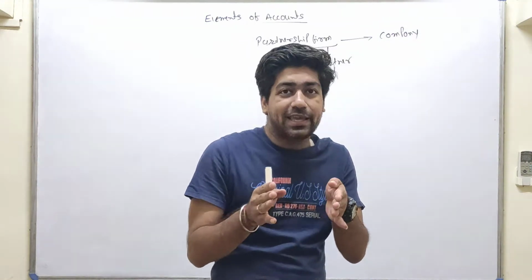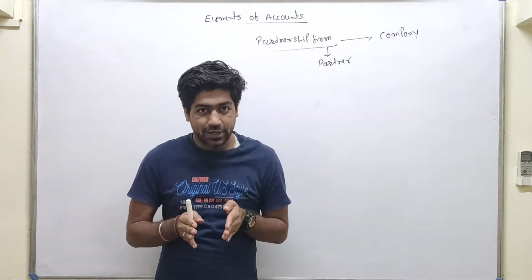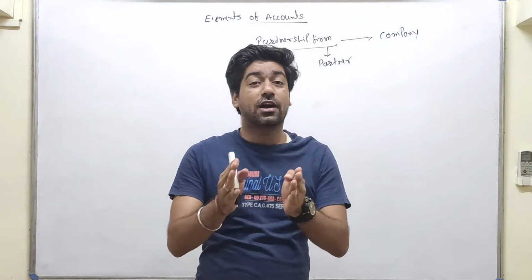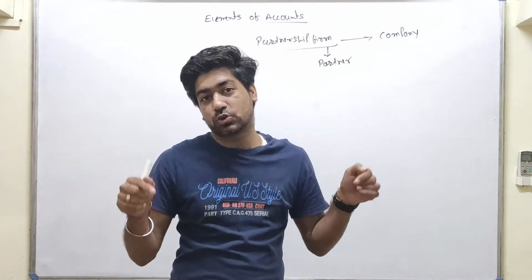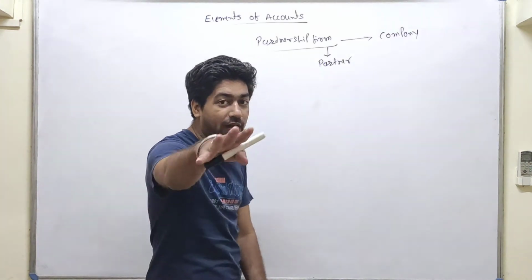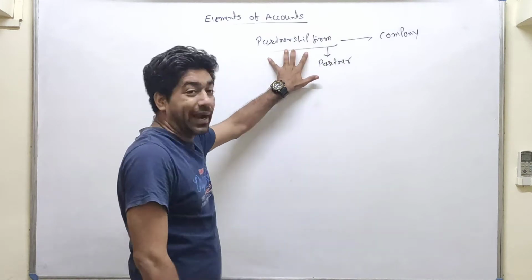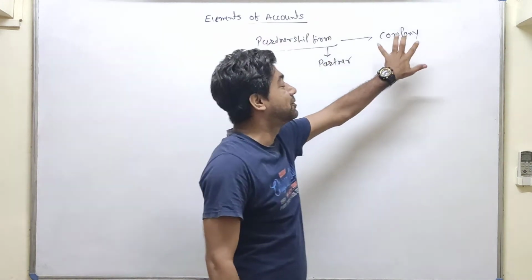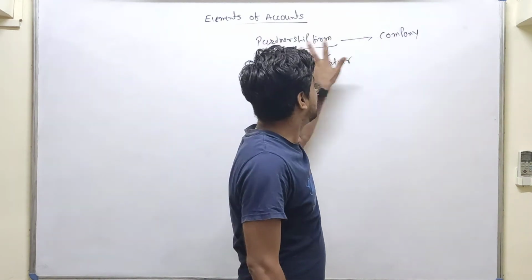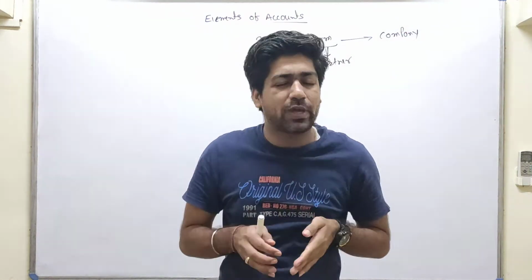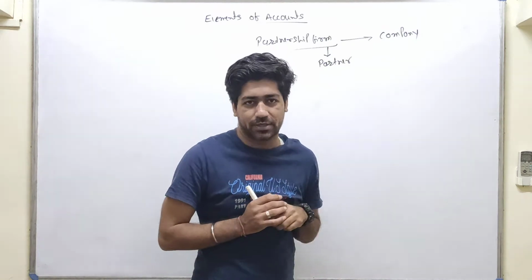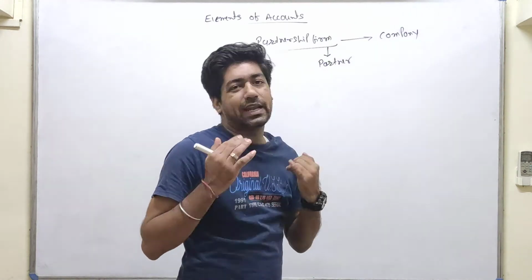So basically in 11th we studied the account related to a sole proprietorship, but here in 12th commerce we have to study the account related to partnership firm and to company. Basically, how we can write these two forms of account is what we have to learn in 12th commerce.